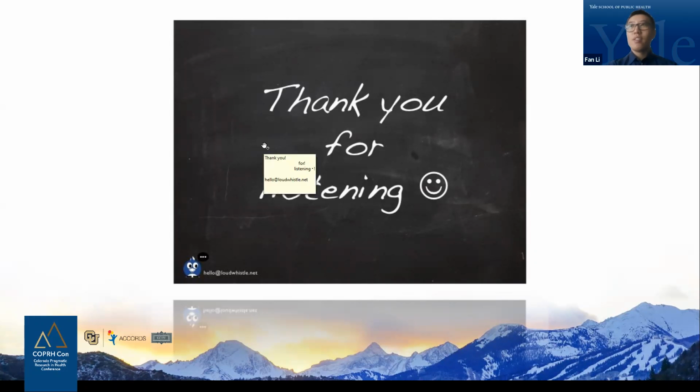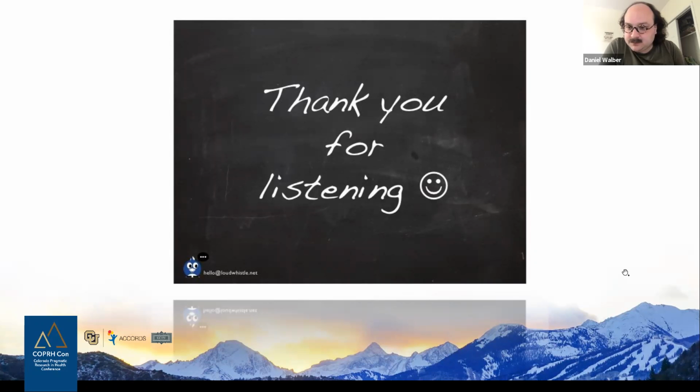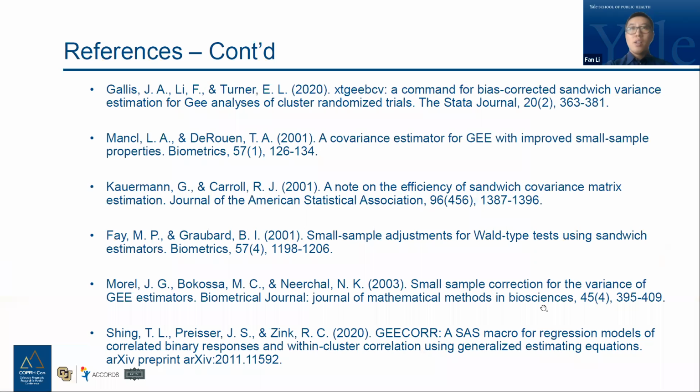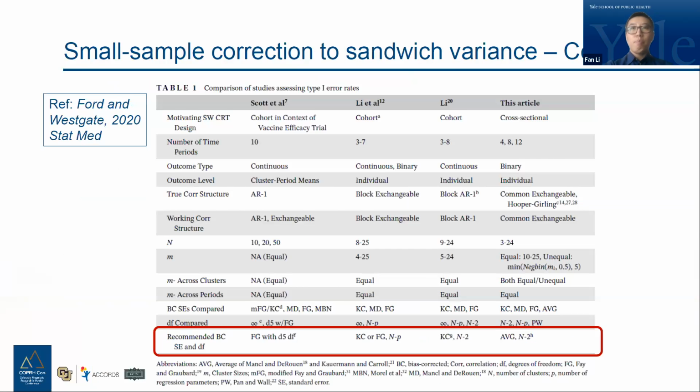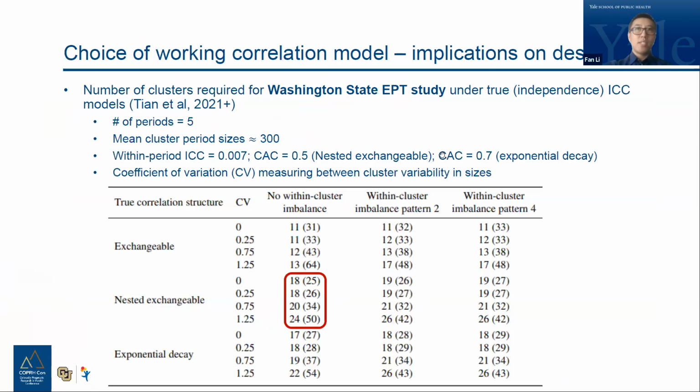I think we got one question from Elizabeth asking how sensitive is the CAC to small sample sizes. And I want to mention that the power calculation will be sensitive to the CAC values because these CAC values are a measure of the correlation between time periods. And a design usually can have multiple time periods.